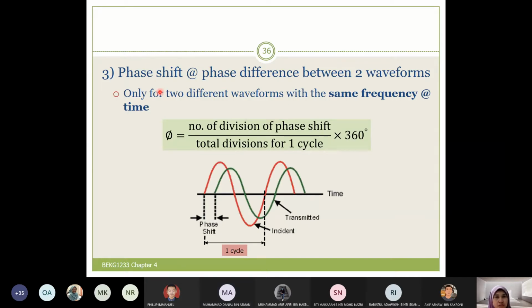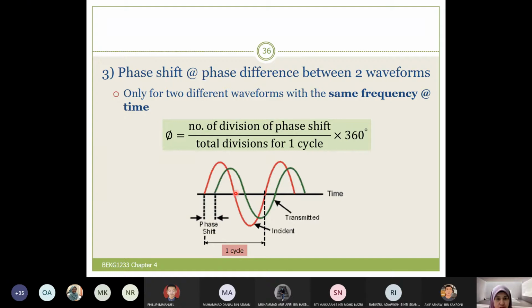Okay, the next is, basically there are three main calculations for oscilloscope: calculation of amplitude, calculation of period and frequency, and the other one is the calculation for phase difference.